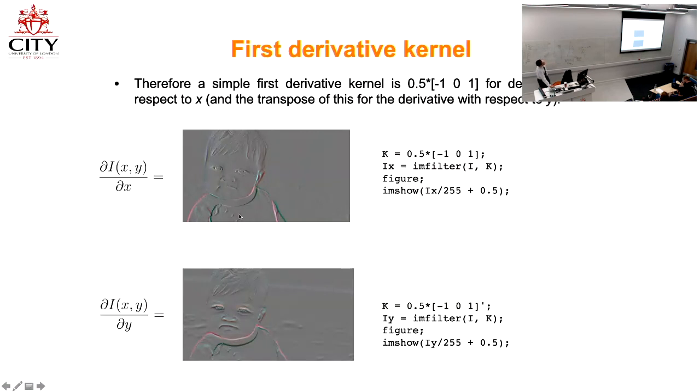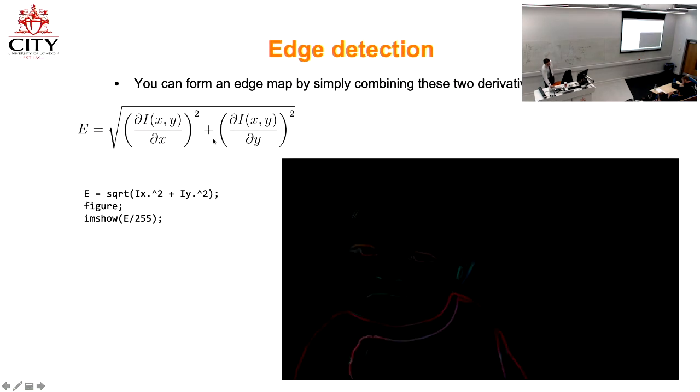You see more of the vertical edges, and with respect to y you see more horizontal edges. And you can sum these two with the square root of the sum of squares, and then you will have something that is visible on my laptop and is not visible there, which is basically all of the edges, if you look at it on your laptop screen. So with this simple equation, you can calculate the edges in your image.